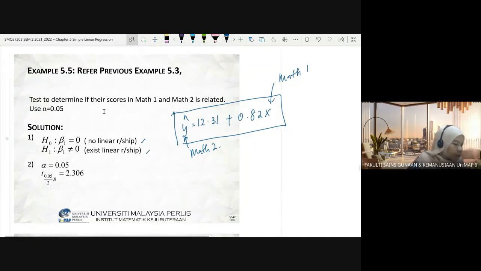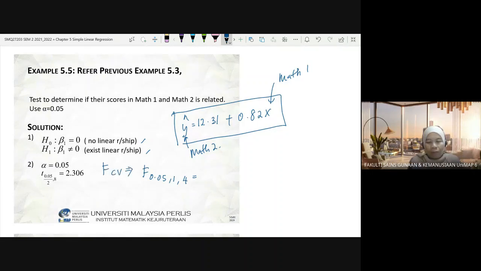Since this is a regression test, I'm using the F. So for F with alpha 0.05, the degree of freedom for the regression is 1, and the degree of freedom for the error, n minus 2, is 4. Okay, so this is the F critical value.